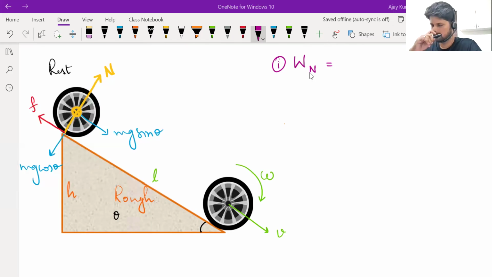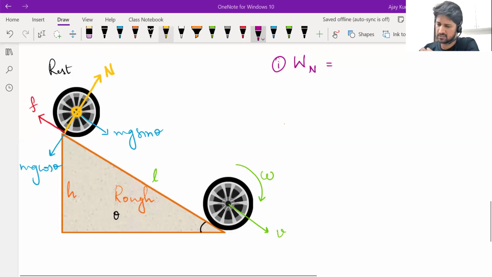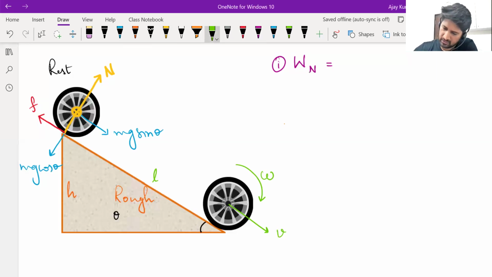Work done by any force is F s cos theta, and theta is 90. Okay. So you are saying the angle between force and displacement is 90 degrees. That's why the work done is 0. Okay. The object is moving down the incline. So net displacement of the object is this way, and there is an angle between normal force and displacement. Okay, we'll discuss that further. So you are saying it is 0.